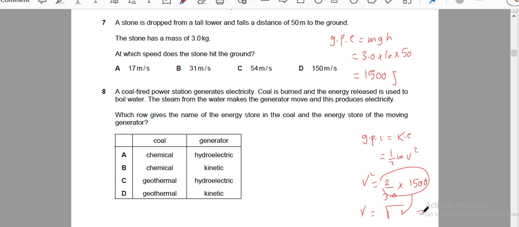On your calculator you would find that it is 31. Yes.